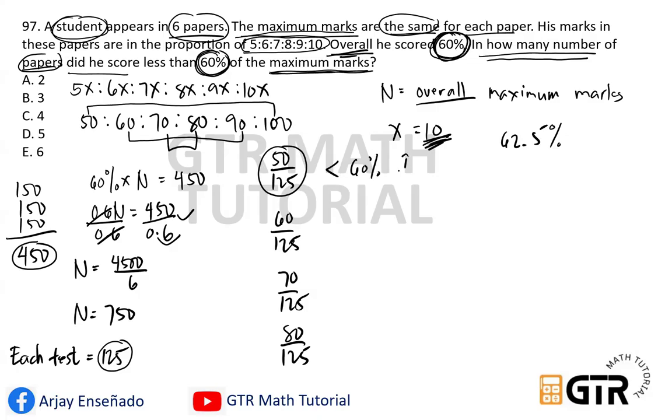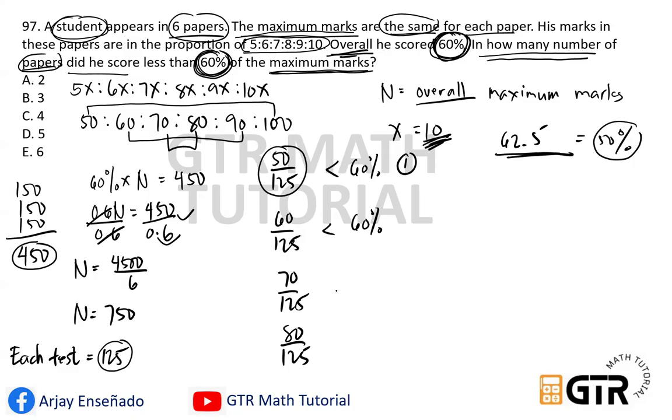So we have 1: this test, 50, is less than 60%. Also this 60 over 125 is less than 60%, because a score of 62.5 is equal to 50%. So obviously 60 is less than 62.5, and it is also less than 60%.